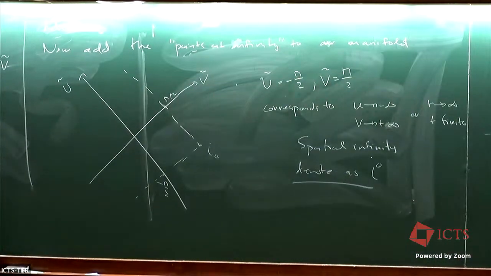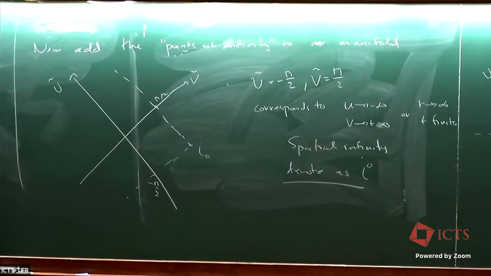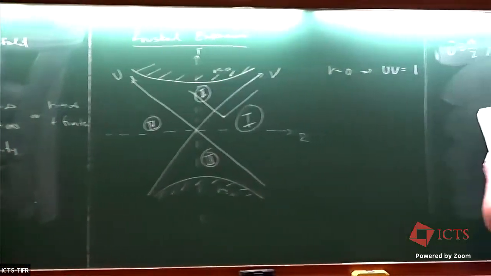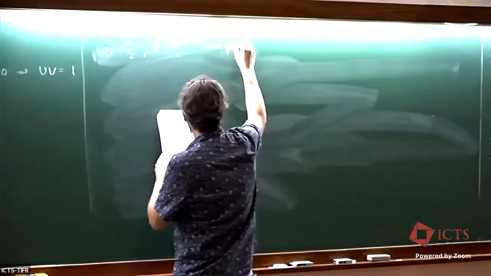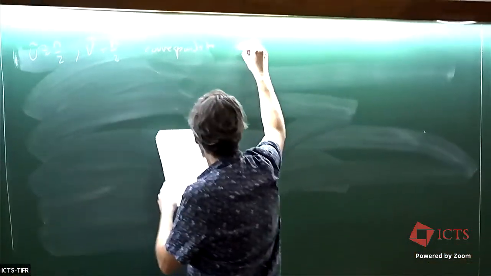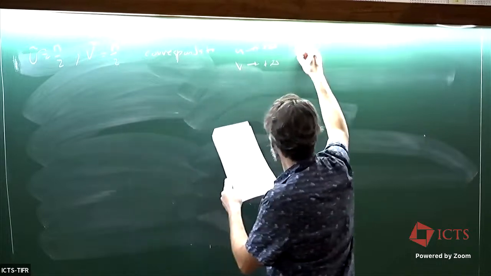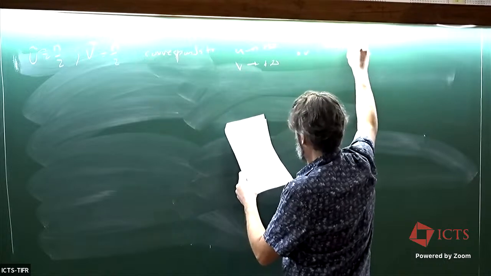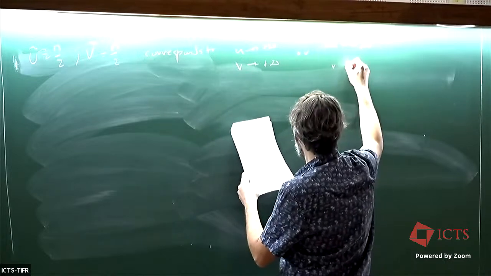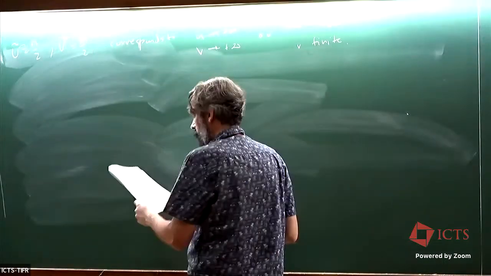I'm going to keep the Kruskal diagram, so I'm going to continue here. Then I have u twiddle pi halves, v twiddle pi halves, which corresponds to u plus infinity, v plus infinity, or t going to plus infinity, and r being finite. Right?